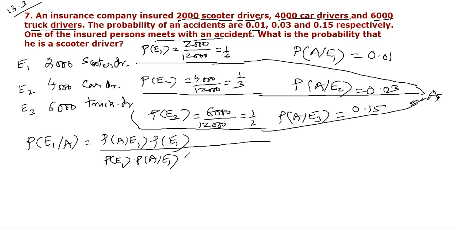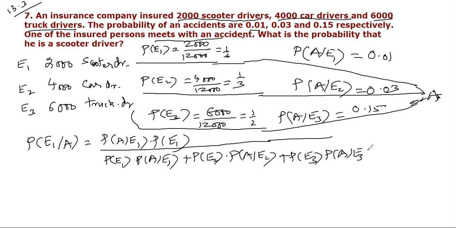There are 3 events here, so we have to add all the 3 events: probability of A given E2 plus probability of E3, probability of A given E3.